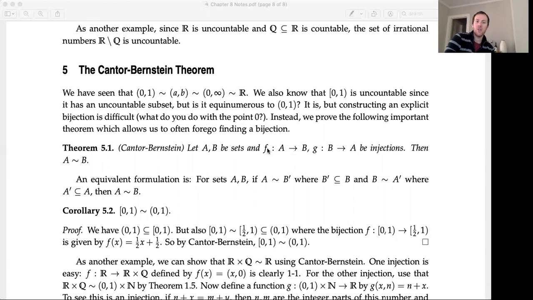The theorem says if you have an injection from A to B and another one from B to A, then A is equinumerous to B. That's really surprising, because it says if you have two injections going both directions, then there's actually a bijection between the two sets. And it's not at all clear where the bijection comes from. That's what makes the proof difficult, but it is really useful.